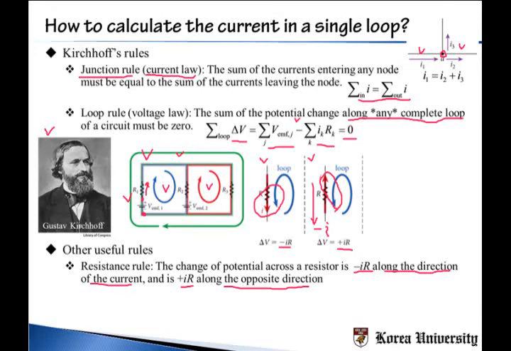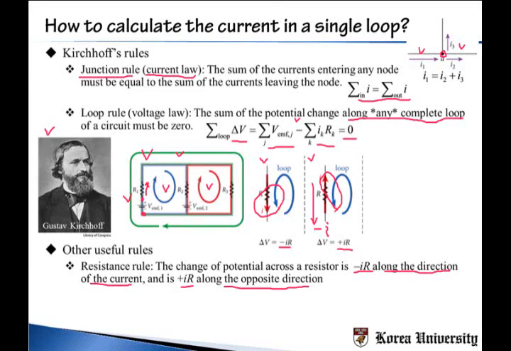If you get a positive value after the calculation, it simply means your assumption of the direction was correct. If you get a negative value of the current, it simply means that the direction must be opposite. Please remember that. We will probably see some examples in the classroom.